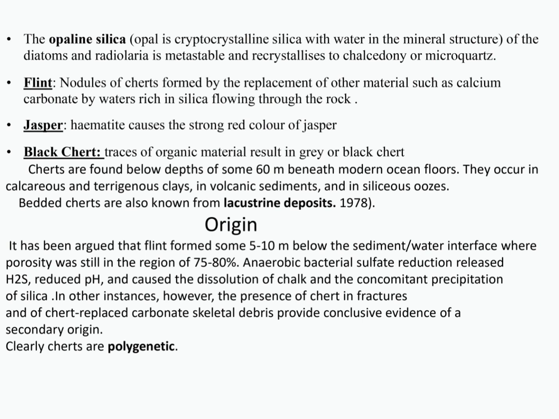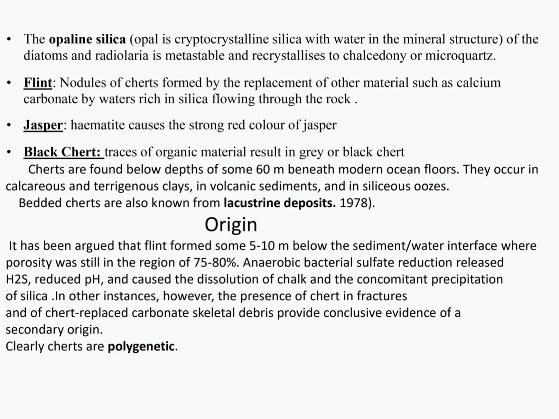Now the secondary mode of origin is the presence of chert in fractures. In the fractures of the rock you will see chert. How did it get there? Another case is that the carbonate skeleton is replaced by a cherty layer.